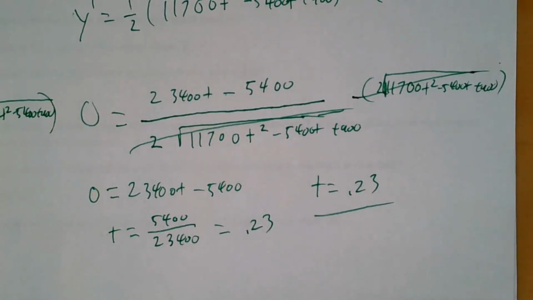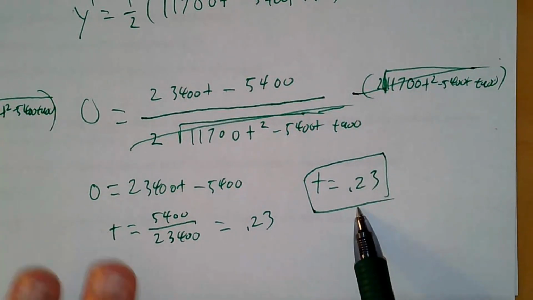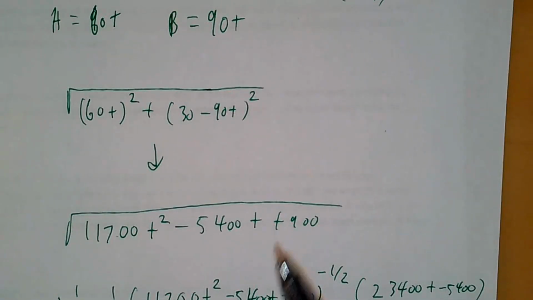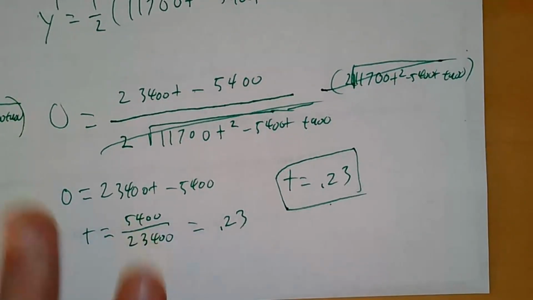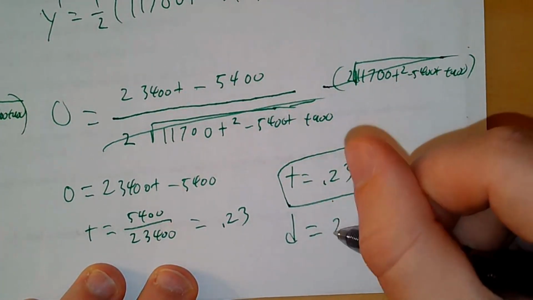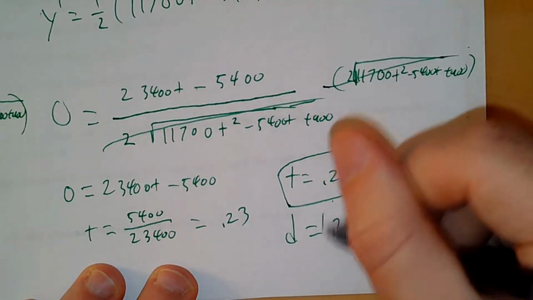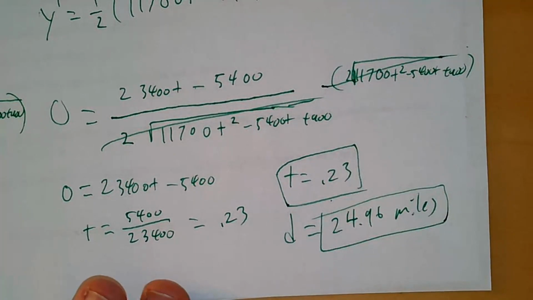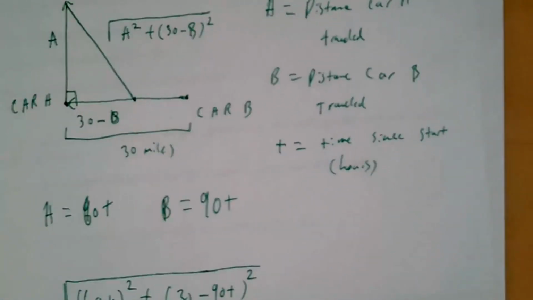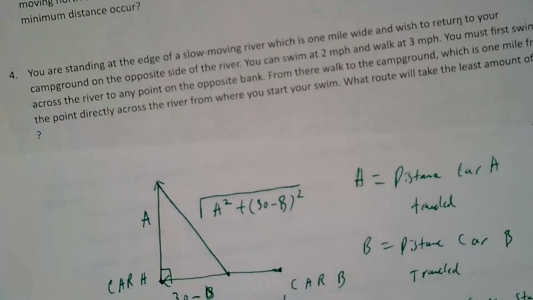And then to find the distance, we're going to take that 0.23 and plug it back into our original equation. So when you plug it back into the original equation, you get d equals 24.96 miles. And that is number 3.